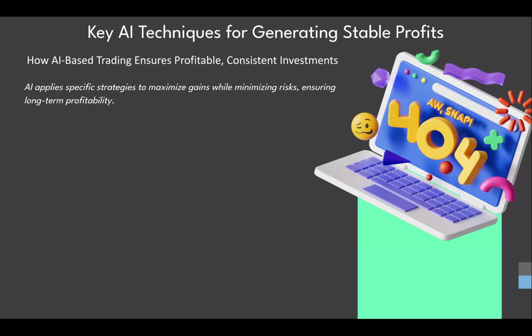Now, AI applies specific strategies to maximize gains while minimizing risks, ensuring long-term profitability. So you don't want to go to the market and start gambling. When it comes to trading, it's not about gambling. It's about how over a long time you can ensure that you are profitable.